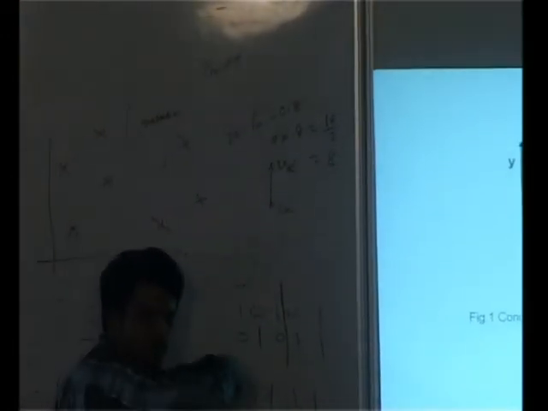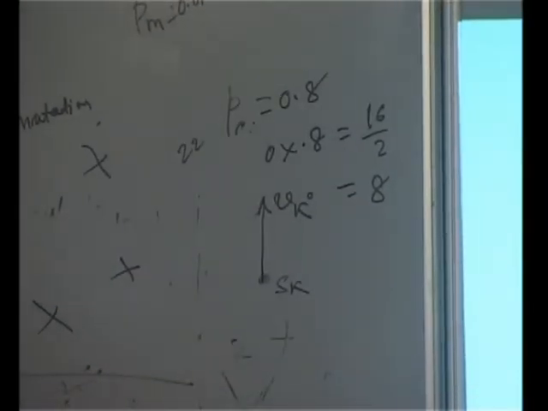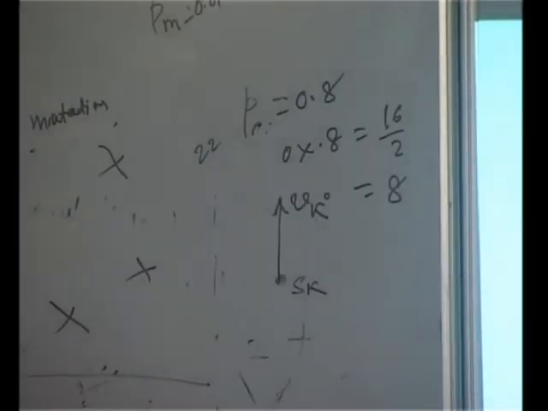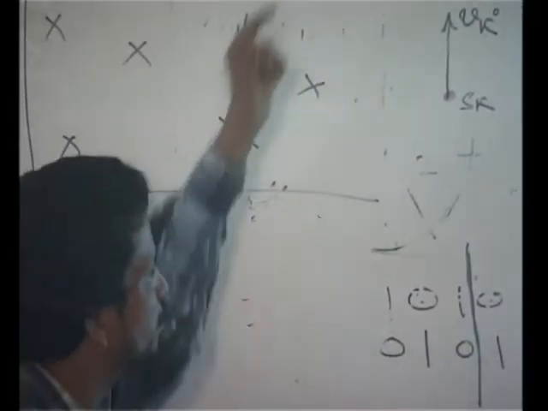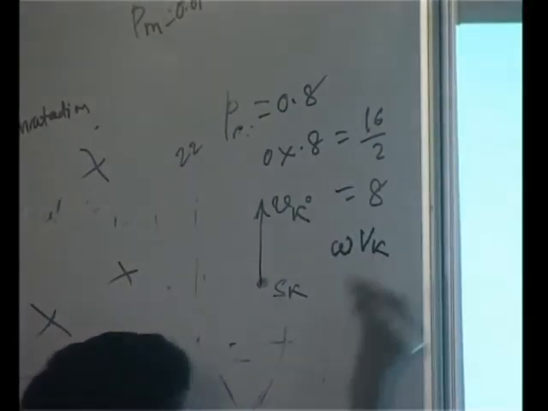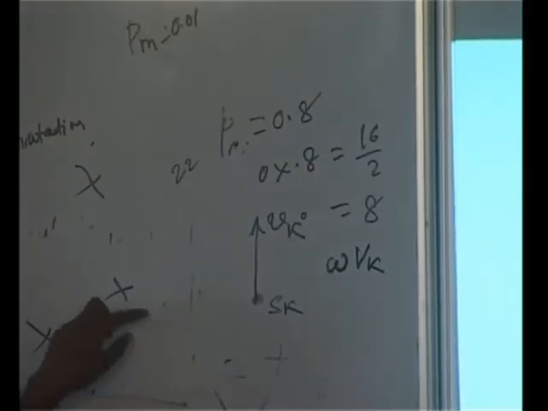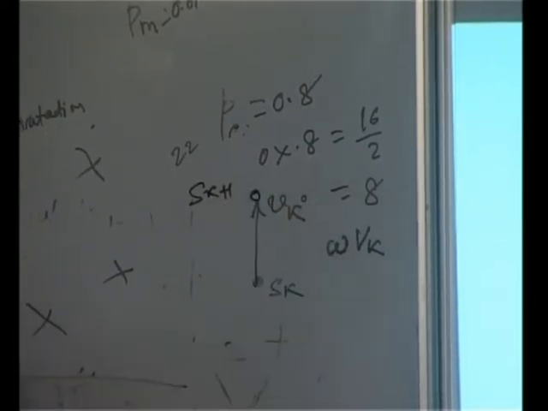If I am moving it at the next instant, it should change its position to sk plus 1, isn't it? If I allow this particle to move with a velocity multiplied by omega into vk, in the next position it may go from this to this sk plus 1.